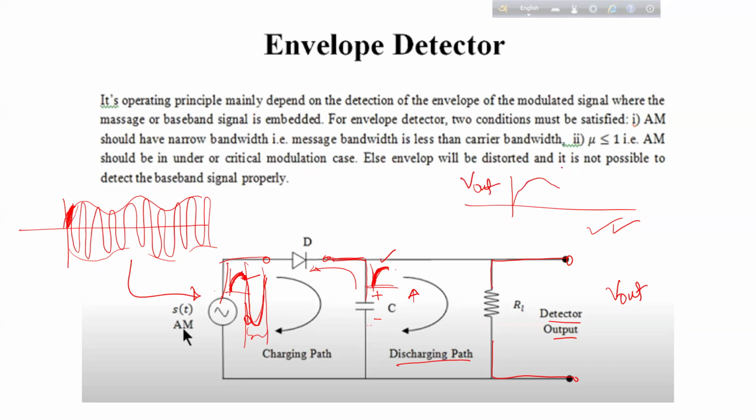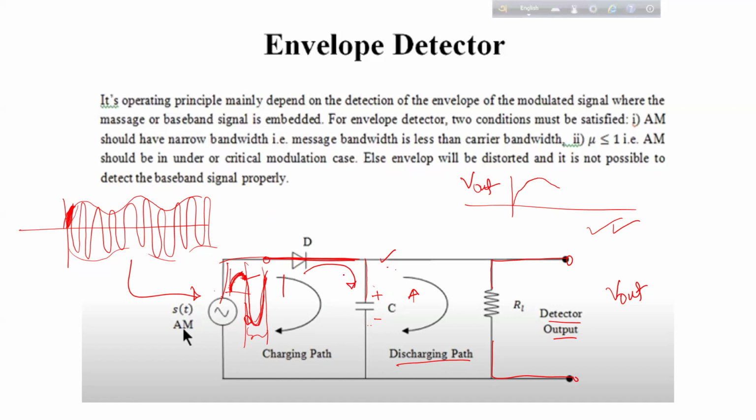Then again, when the input voltage is crossing the maximum value, again reaching this maximum value, the voltage of this P side is higher. So again, this diode will be in forward bias, so the capacitor will again start being charged.